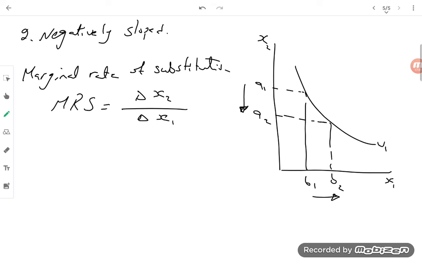Number 3, indifference map. Actually, consumers are not going to have only one indifference curve as we said before, but there is an indifference map.